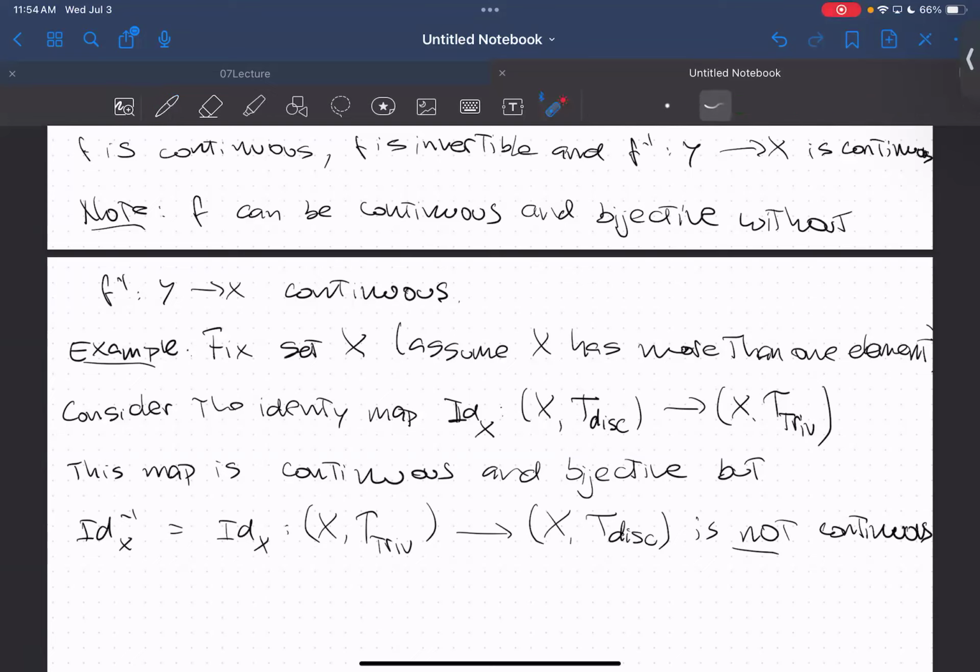And why is that? Because everything here is open, but you have only two open sets here. And when you compute the pre-image, you are not doing much. You're doing just the identity. Okay. Do you need me to write that? Is it clear that this is not continuous?